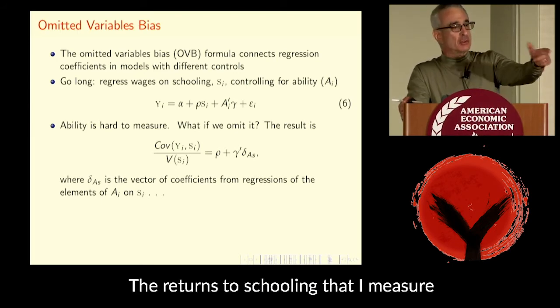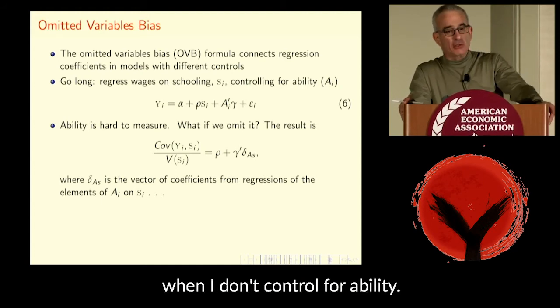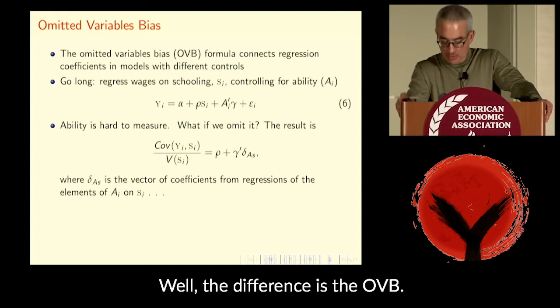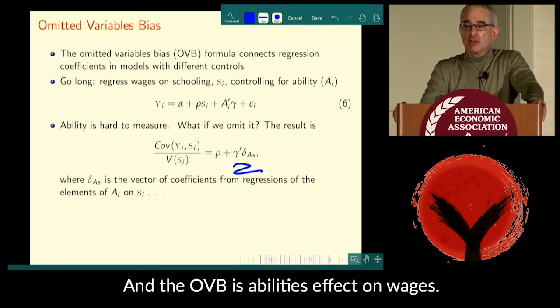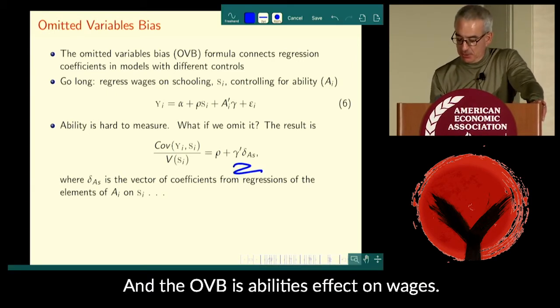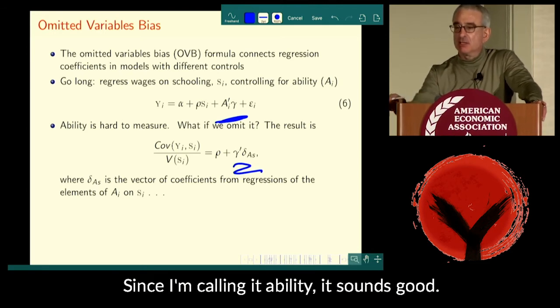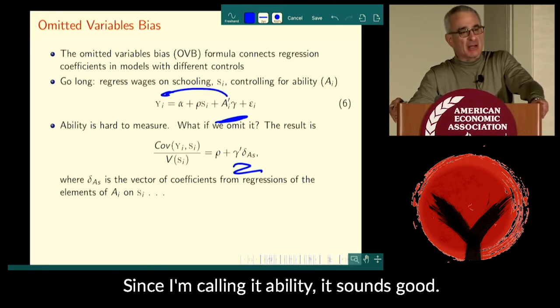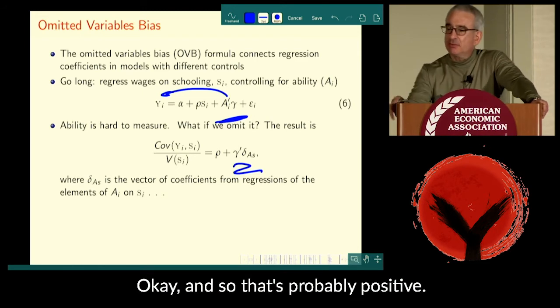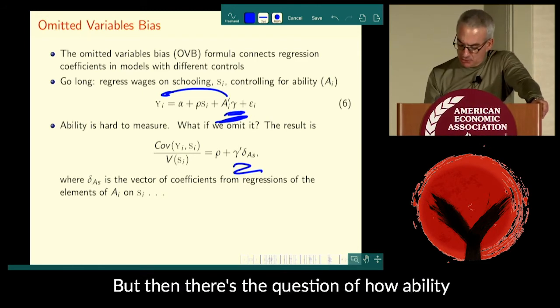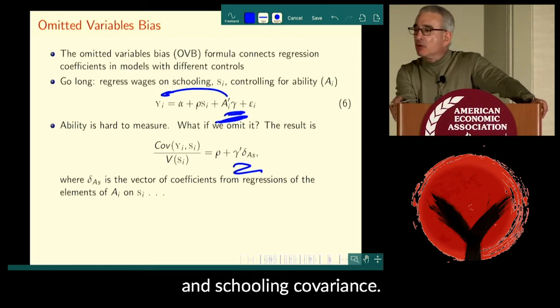The returns to schooling that I measure when I don't control for ability, well, the difference is the OVB. And the OVB is ability's effect on wages. Since I'm calling it ability, it sounds good, and so that's probably positive. But then there's the question of how ability and schooling covary.